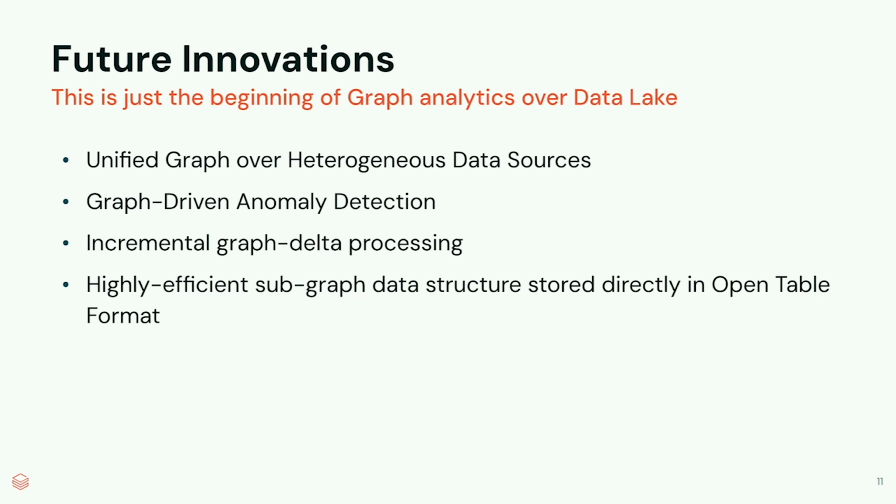We also want to introduce a high efficiency data structure, so that it can be more closely integrated with open table formats like Databricks Delta tables and Apache Iceberg, so that it'll be powering more use cases and bigger scale problems.